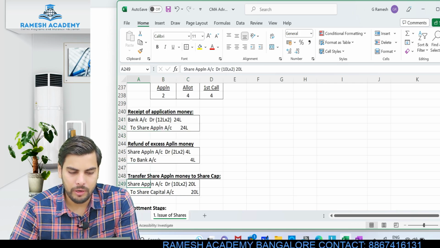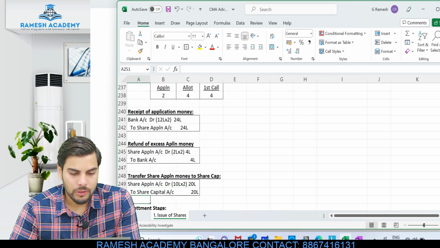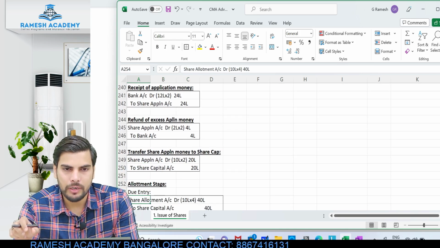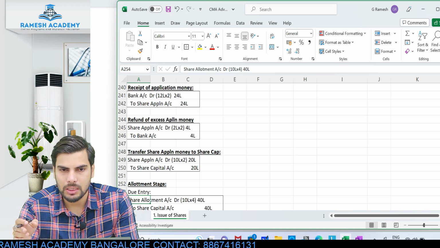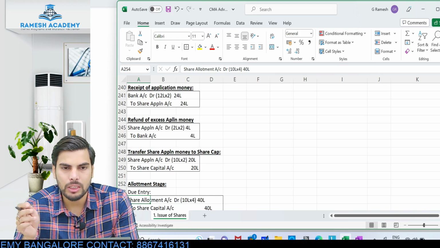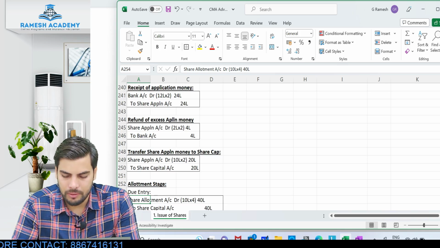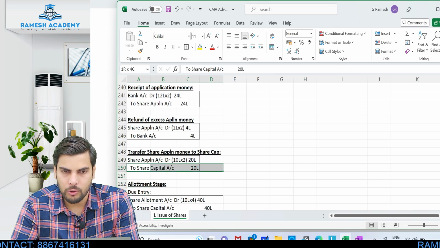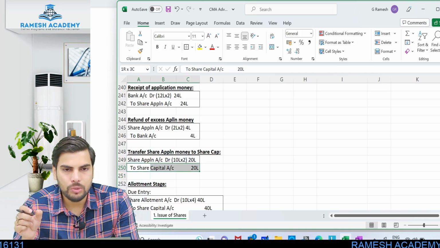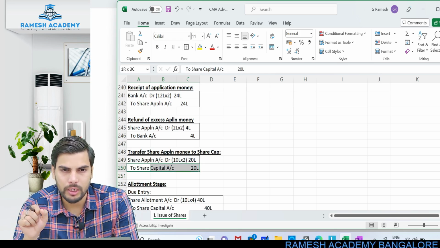But look at this entry. This is the entry wherein I'm giving effect to share capital. You may be confused whether to give effect to securities premium while passing the due entry or the receipt entry. Wherever you come across share capital, securities premium should be attached there. It is as good as a tail: wherever the dog goes, the tail follows. So wherever you write share capital, in that entry you need to give effect to securities premium also.